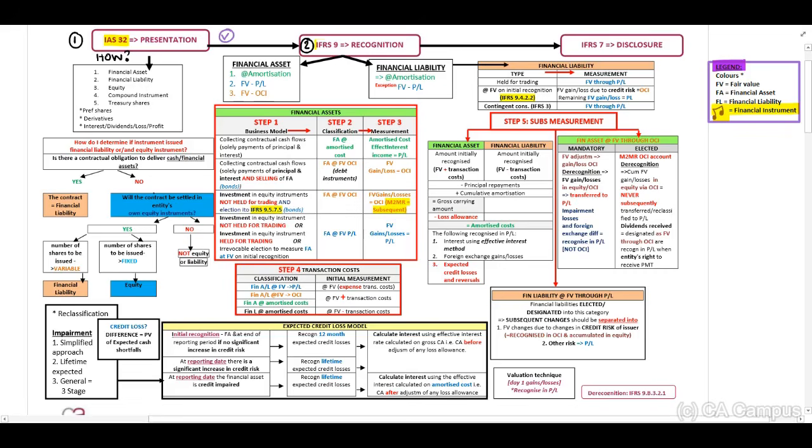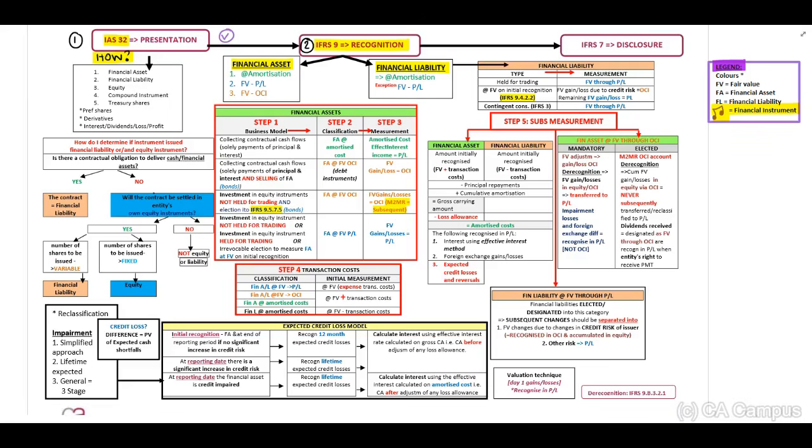IFRS 9 indicates to us how to recognize our financial asset or liability at initial recognition and our subsequent measurement. Now, it is important that you identify that first you had to determine if this is a financial asset or financial liability in terms of IAS 32. Then only can you apply IFRS 9.